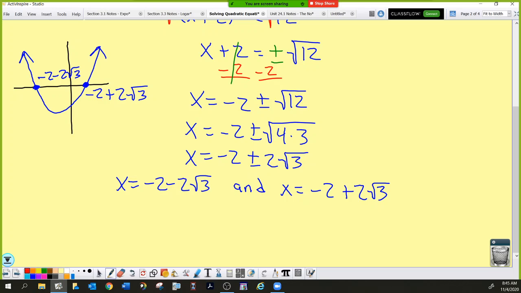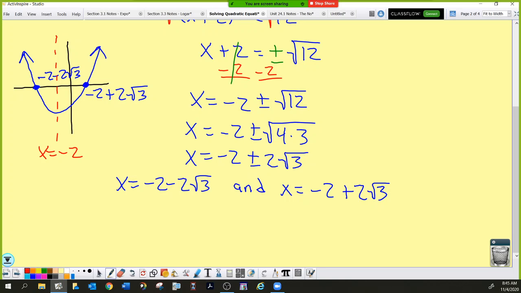The axis of symmetry goes right through the middle. Guess what number is directly in between those 2 crazy x-intercepts? Negative 2 is. You see, that's why we say negative 2 plus or minus the 2 root 3.